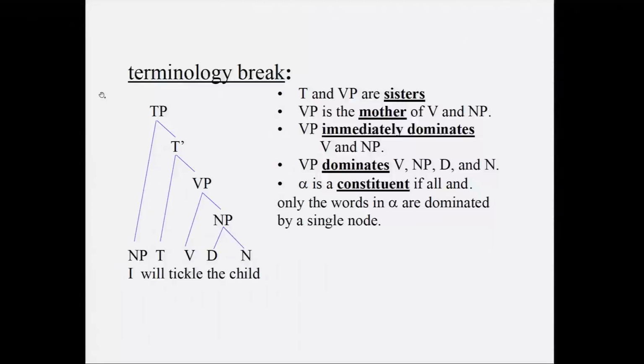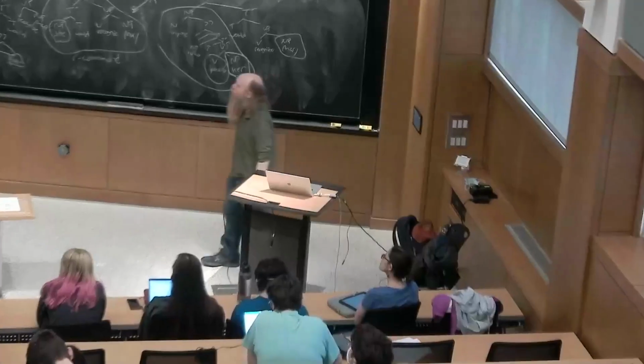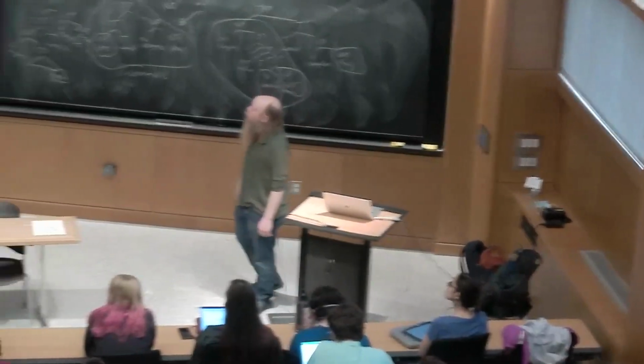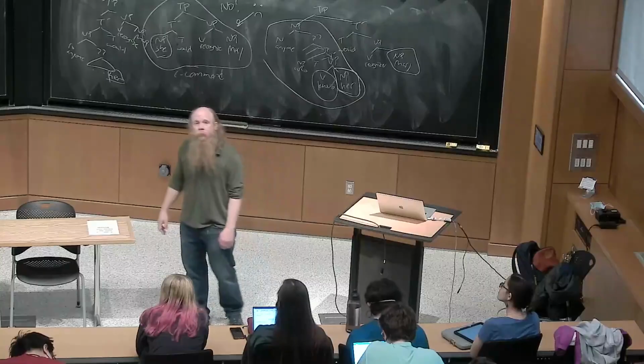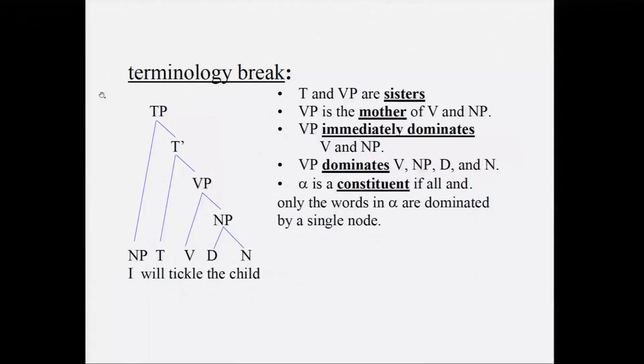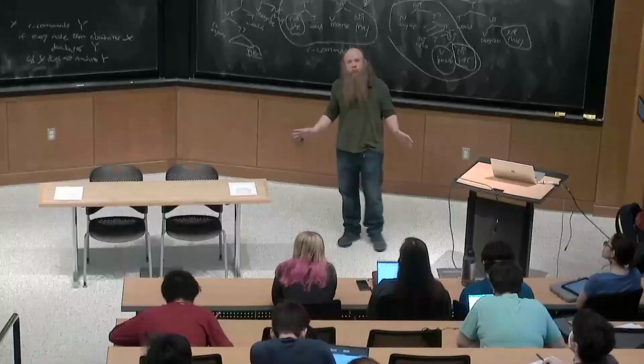So the child is a constituent because there's a node that dominates just those words, the noun phrase. Tickle the child is a constituent because there's a verb phrase dominating just those words. Will tickle the is not a constituent because there's no node dominating just those words.